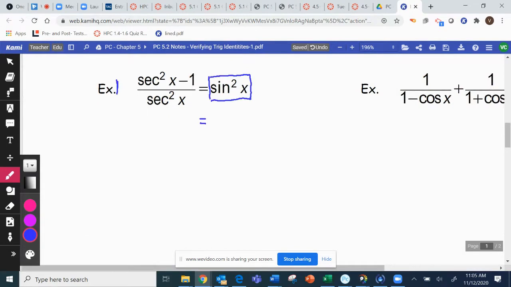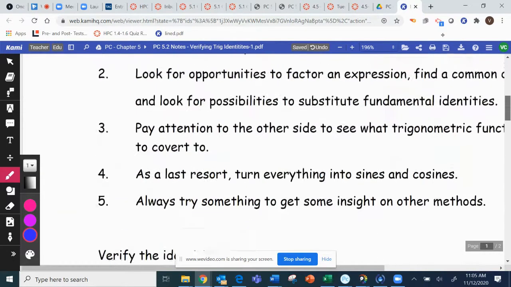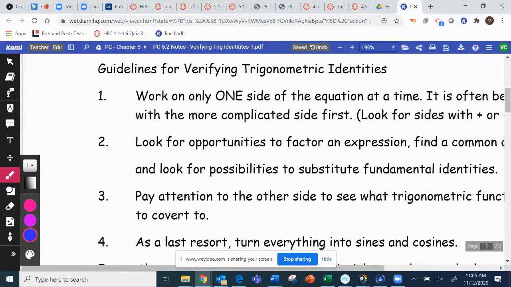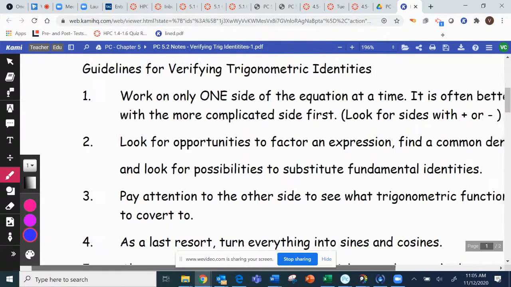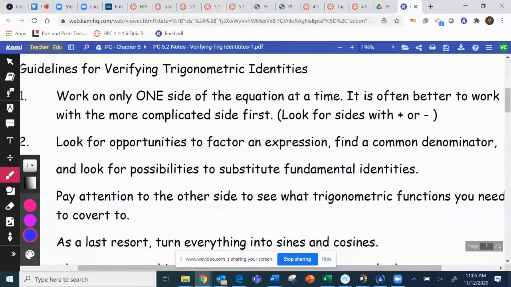Above this, there are five different things. These are guidelines of what we could try, and we will go over them as we need them. For the very first guideline, work on only one side of the equation, per question.